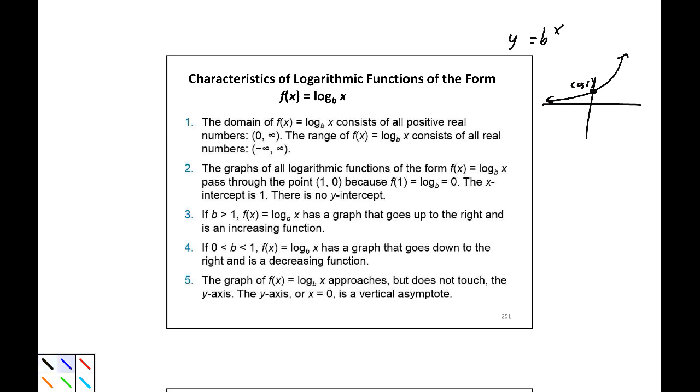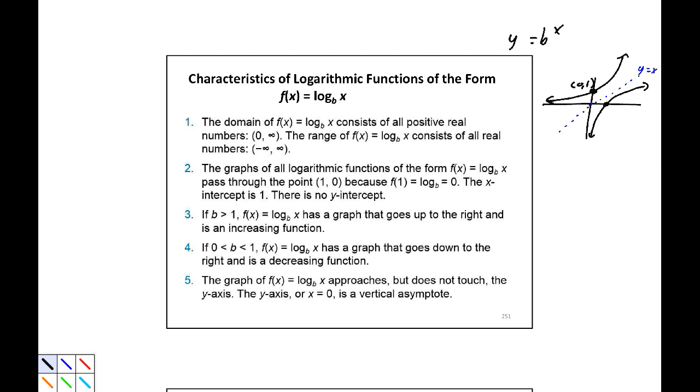Now I'm going to draw a diagonal line. This is actually the line y equals x. This is based off the fact that these are inverses of each other. If I reflect this exponential function across that line, I get a function that does not have a horizontal asymptote.